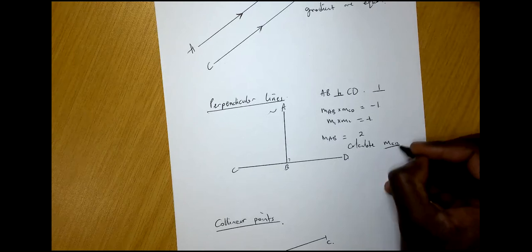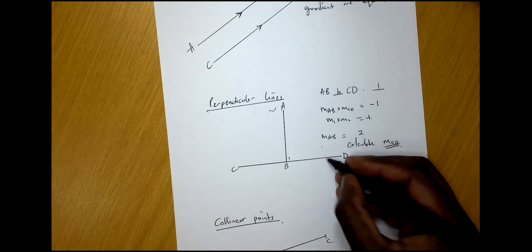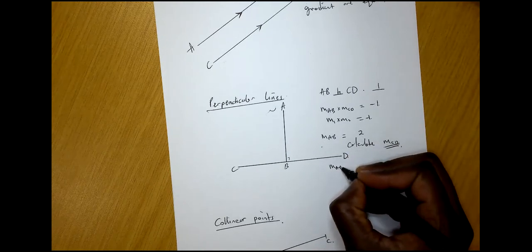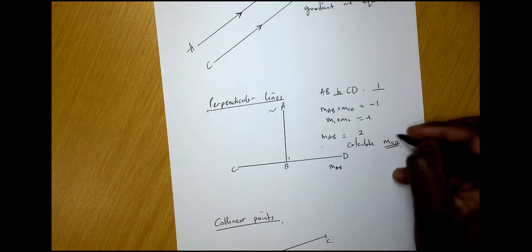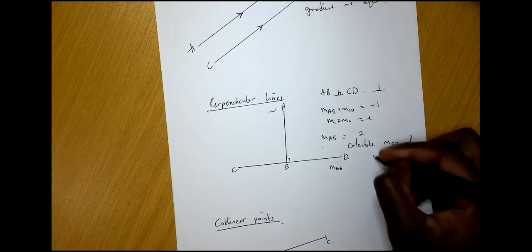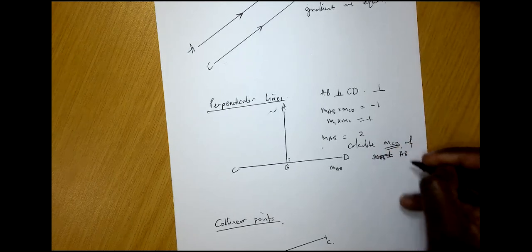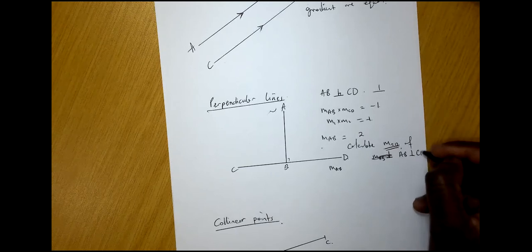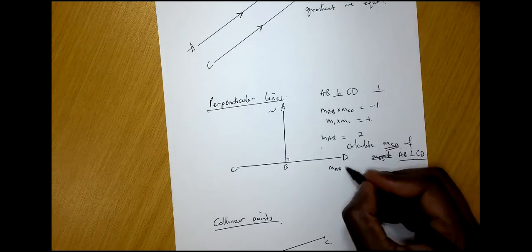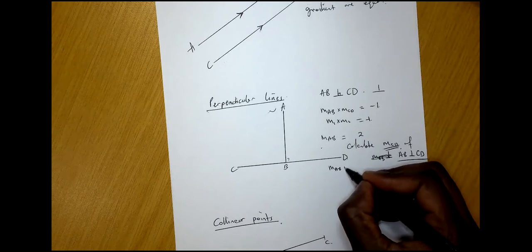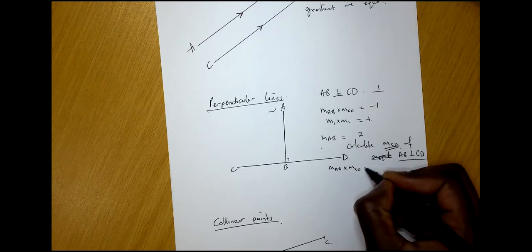MCD, the gradient of CD, if AB is perpendicular to CD. This is the property that you're given. You know that MAB times MCD gives us -1.